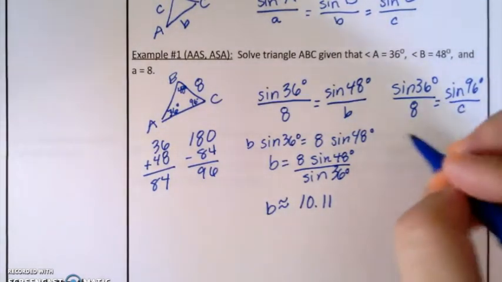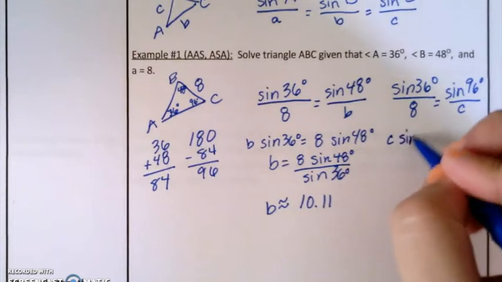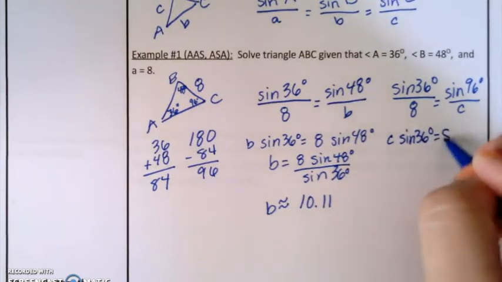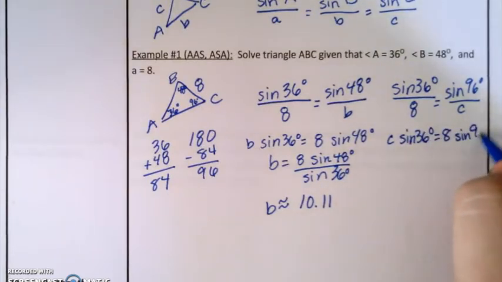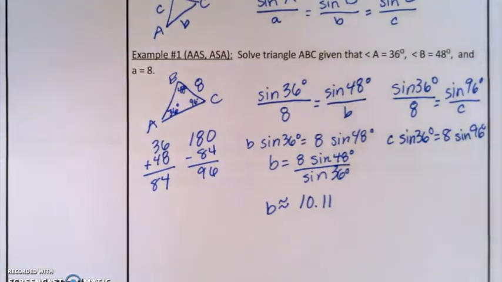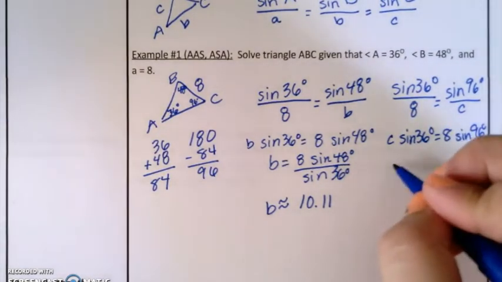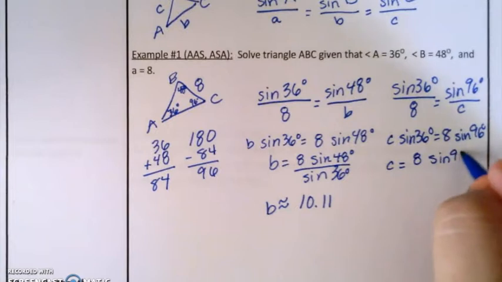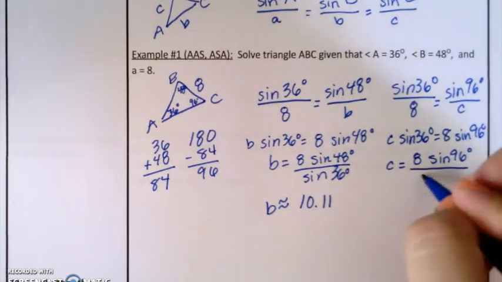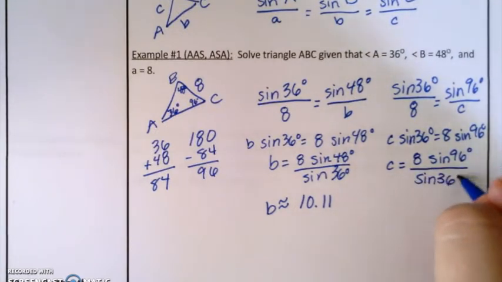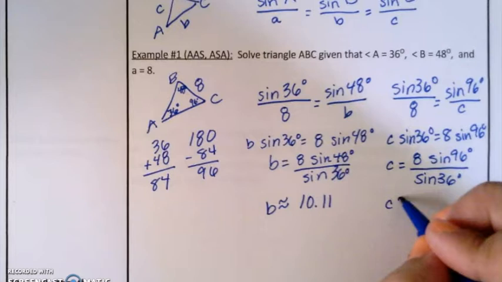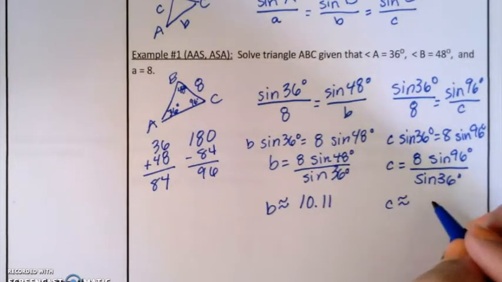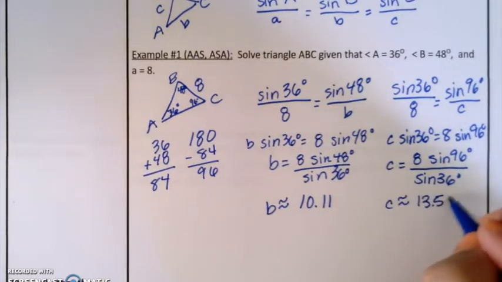Using the cross product, we can find that c times sine of 36 degrees equals 8 times sine of 96 degrees. Divide both sides again by sine of 36 degrees. c equals 8 times sine of 96 degrees divided by sine of 36 degrees. Using our calculator, we can approximate c to be 13.54.